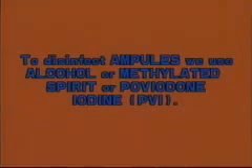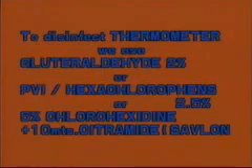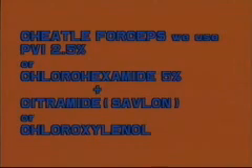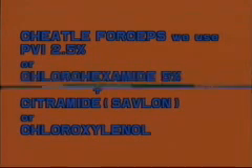To disinfect ampoules, we use alcohol or methylated spirit or povidone iodine. To disinfect thermometers, we use 2% glutaraldehyde or 2.5% povidone iodine. To disinfect Cheatle forceps, we use 2.5% povidone iodine or 5% chlorhexidine plus cetrimide, commonly known as Savlon.